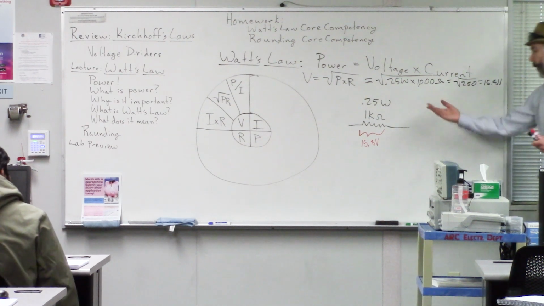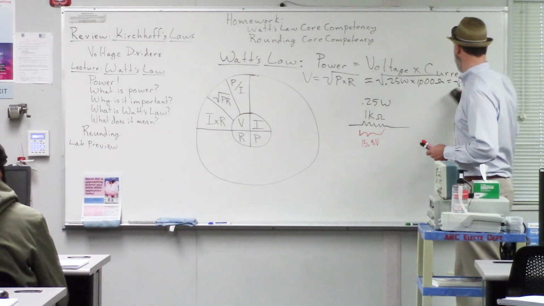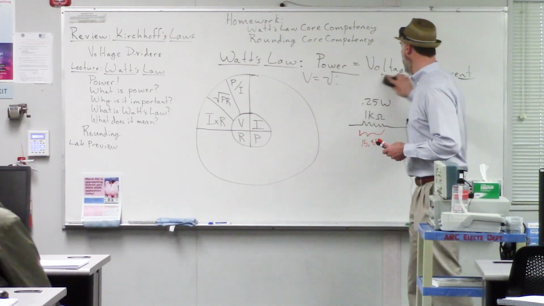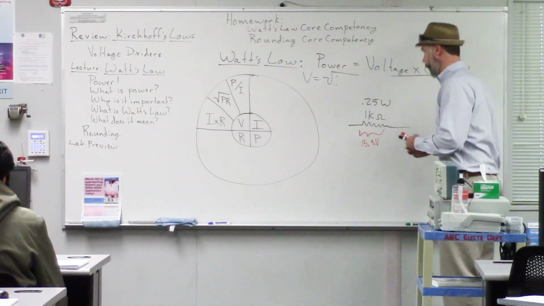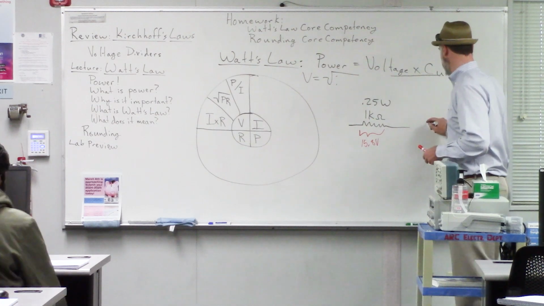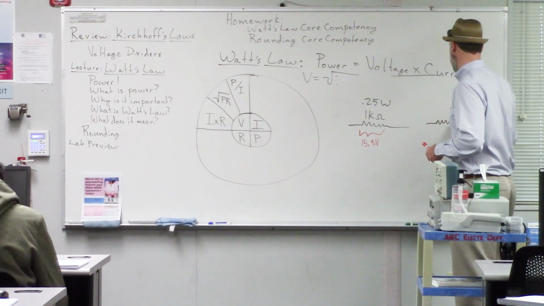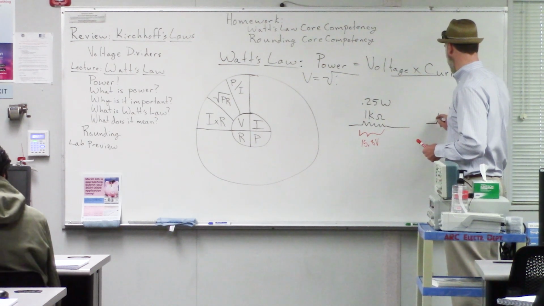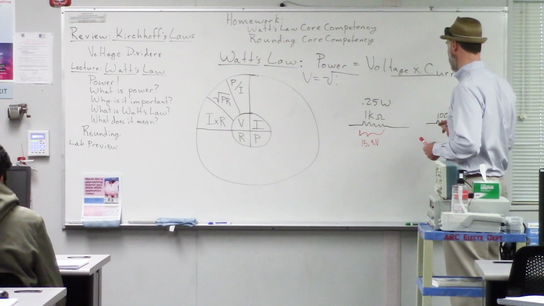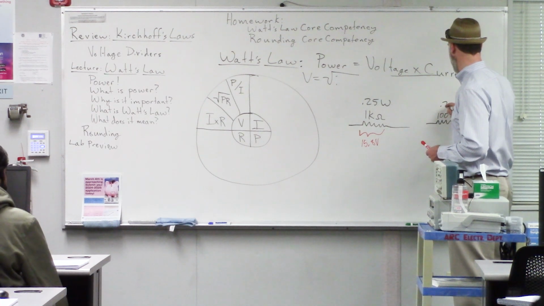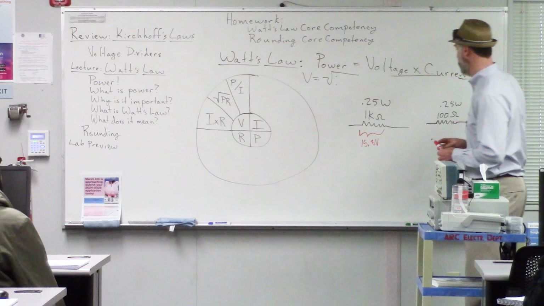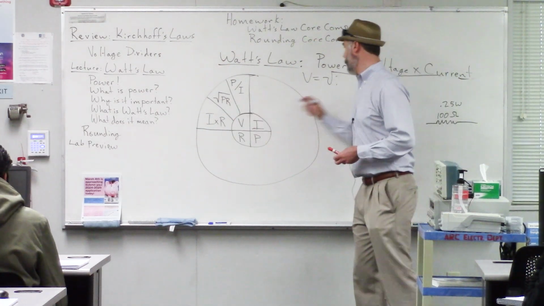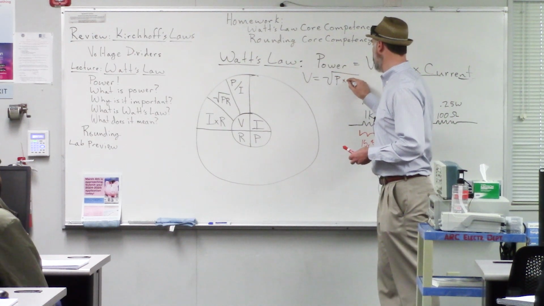But that's for a 1 kilo ohm resistor. Now let's see what happens when we go into the same bins, but instead of a 1,000 ohm resistor, we pull out a 100 ohm resistor. Still 0.25 watts. We can use the same formula, V equals square root of power times resistance.